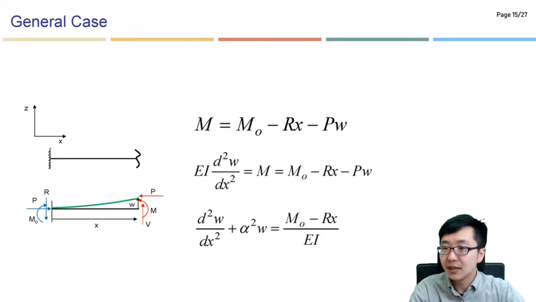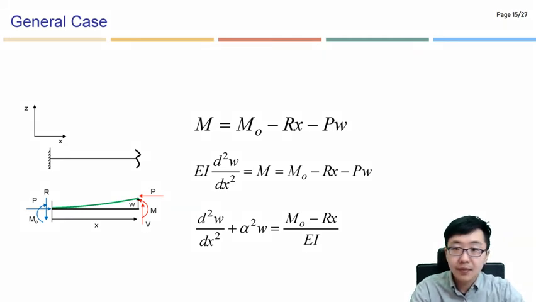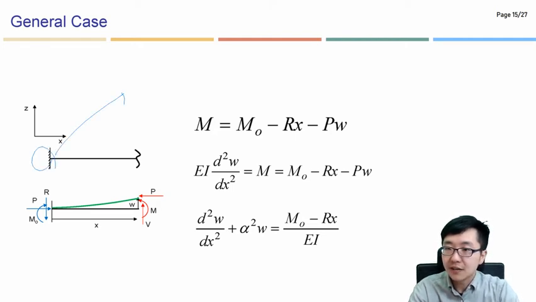In this fixed condition, we initially have moment like that, so it can be considered as well. And initially we have the reaction force here in the shape of shear R. So that can also be considered as well.